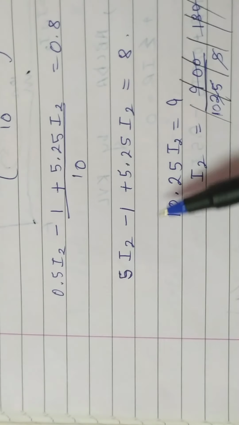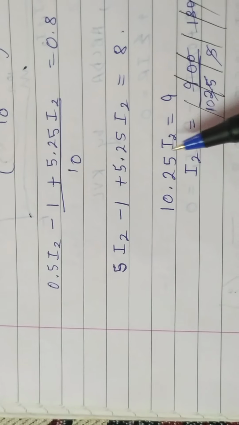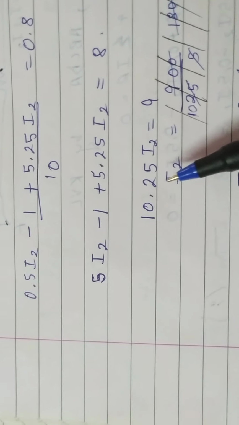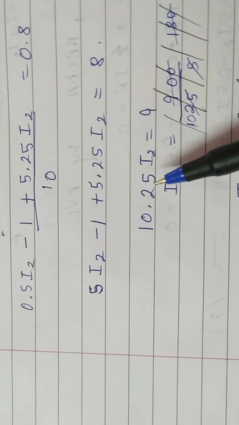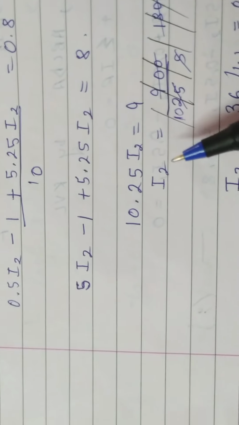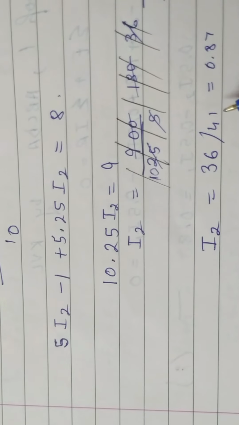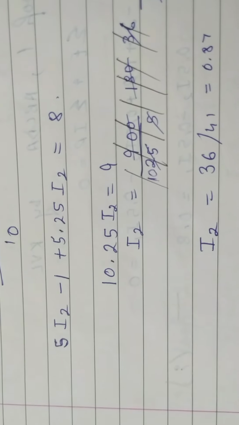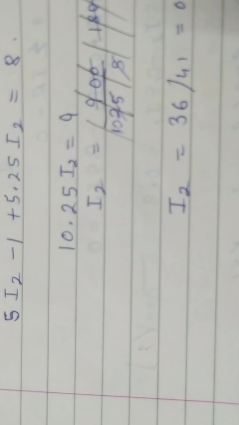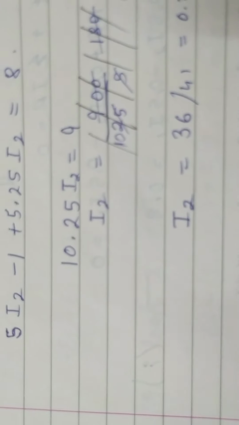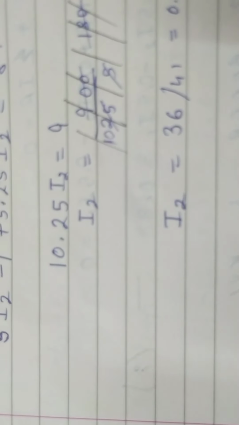So this entire expression becomes in the form of I2. On simplifying, 10.25 I2 equals 9, that is I2 equals 36 by 41 ampere. So we get the value of I2.